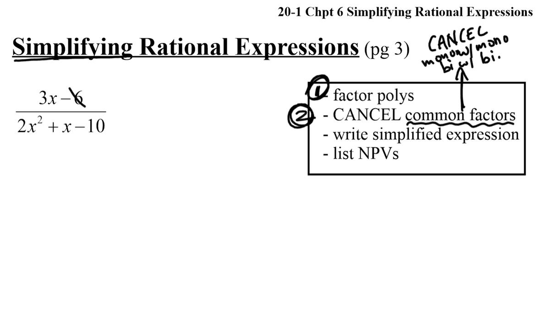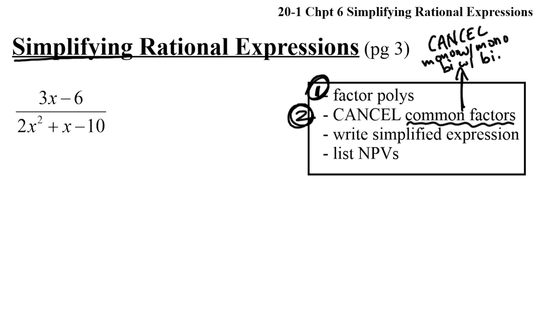Let's reduce those by 2. No, I can't do that. Yes, 6 and 10 have a common factor of 2, but 6 and 10, they're not factors. I can only cancel factors. The 6 and 10 are terms within the polynomials that are there. But I have to cancel things that are factors, not just parts of a factor. So let's take a look.